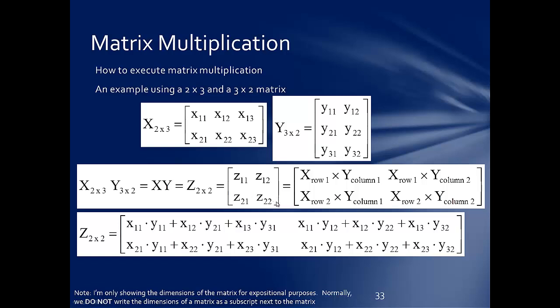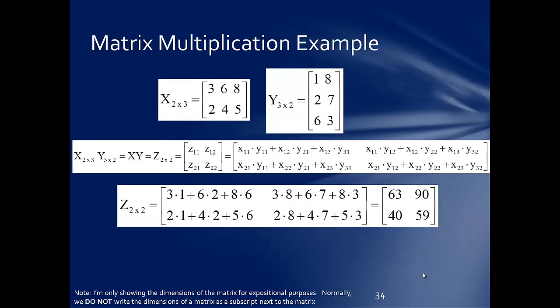For instance, to get element 2,2, you would take the second row times the second column: X21 times Y12 plus X22 times Y22 plus X23 times Y32. Add up those products, and you would get element 2,2. So this is how you execute matrix multiplication.